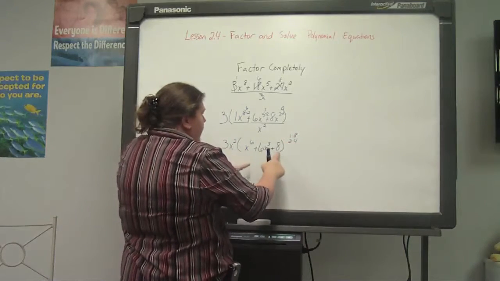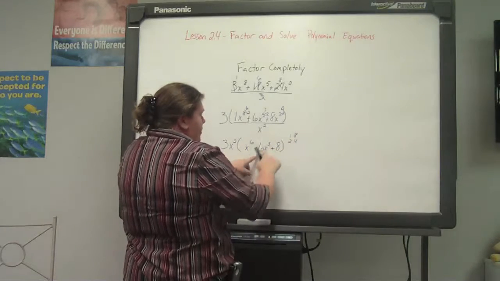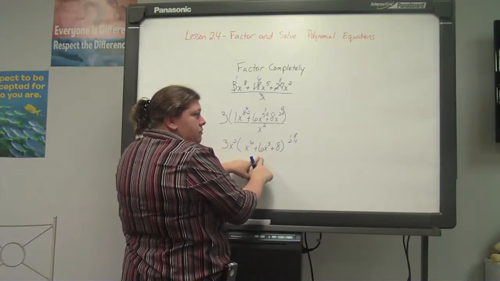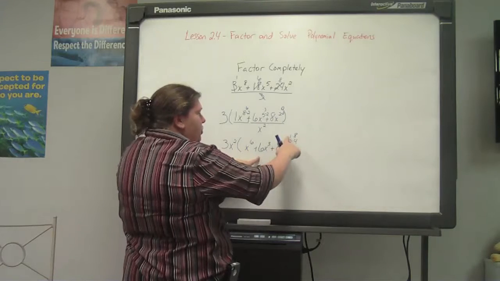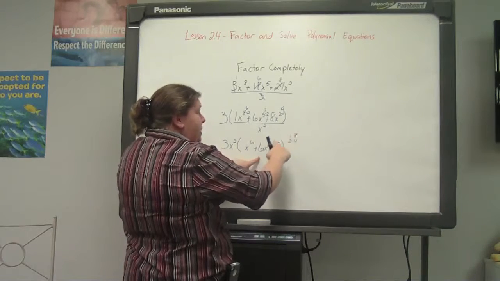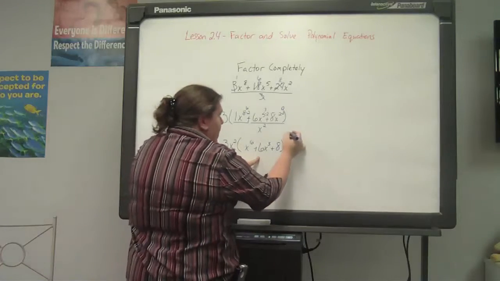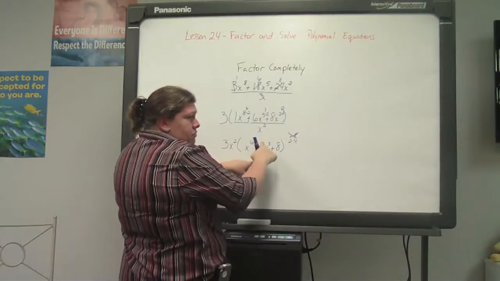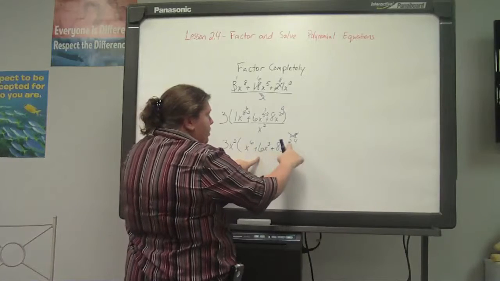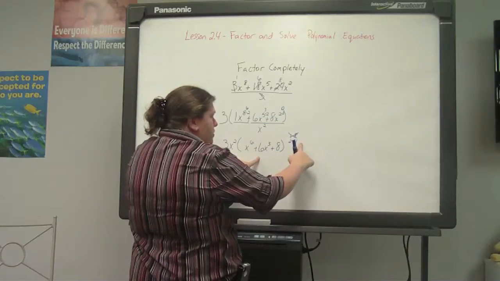All right? We need to find which one of those is going to equal 6. Well, if I do 1 times 8, it gives me my 8, but 1 plus 8 gives me 9. So that lets me know that's not 6. So I can look at 2 and 4.